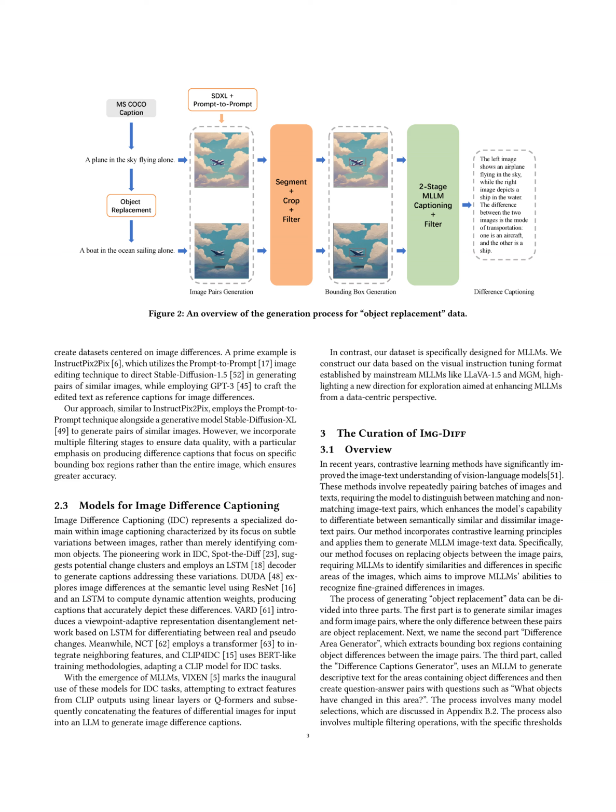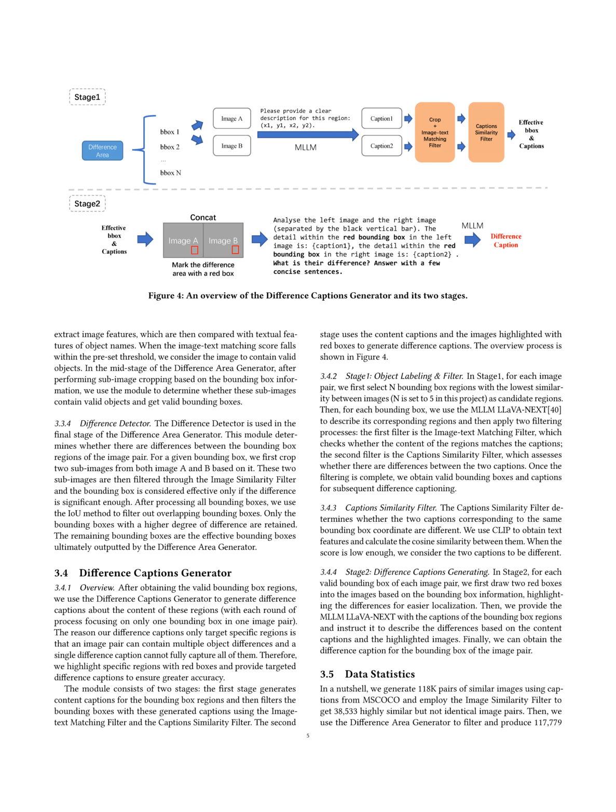Following this, the difference captions generator creates descriptive captions for the identified differences. In the first stage, it labels the bounding boxes by selecting regions with the lowest similarity and generating content captions using the MLLM LLaVA-NeXT. These captions are then filtered for accuracy using the image text matching filter and the captions similarity filter.